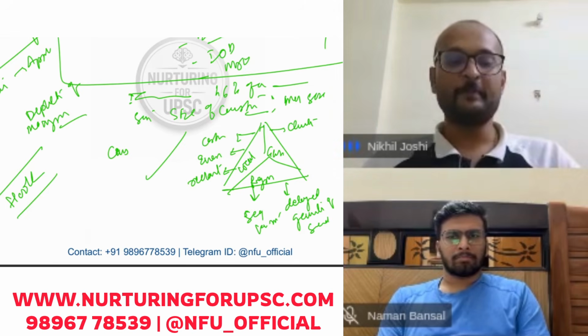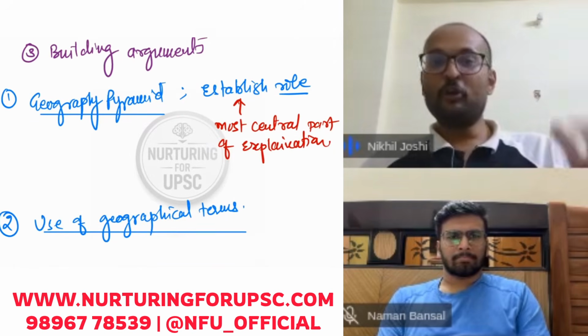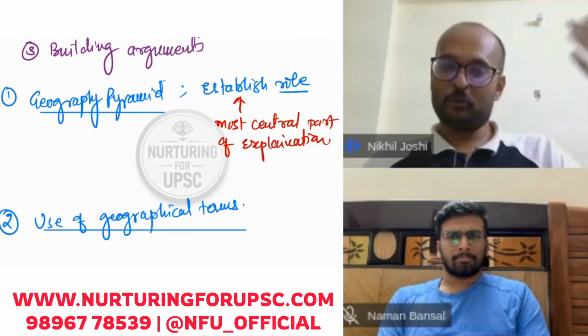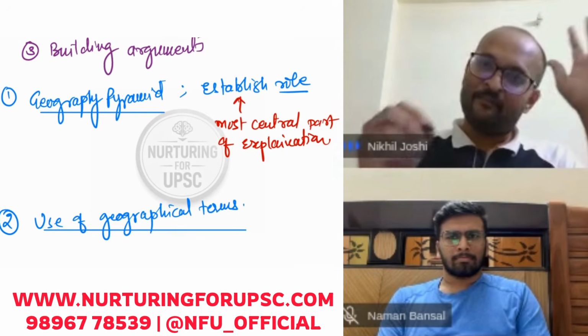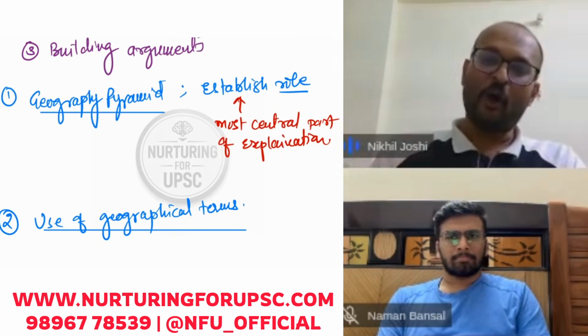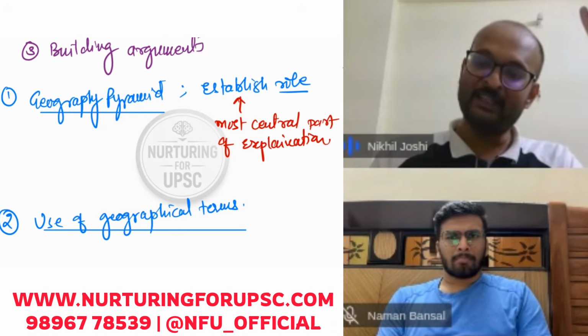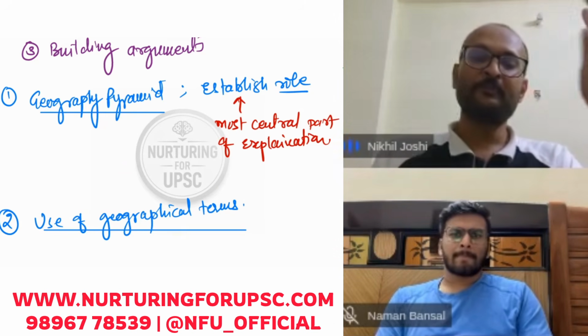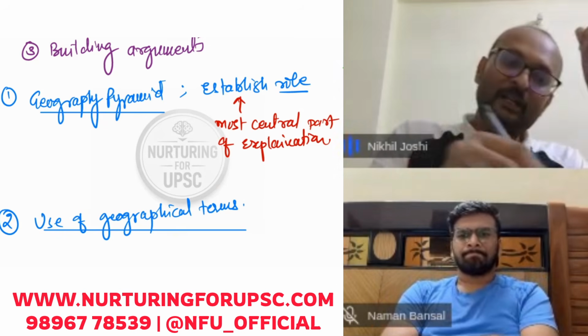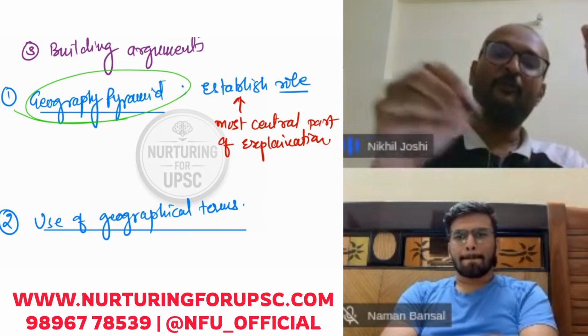Now moving on to the building, now to build arguments, first and foremost is all the 4, 5 skeletal keys which we have talked about, then the theories which we talked about. In addition to that, the geography pyramid is very central.